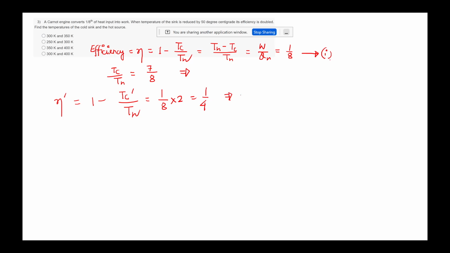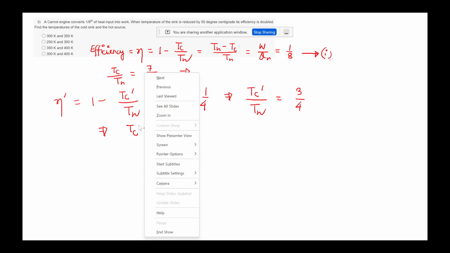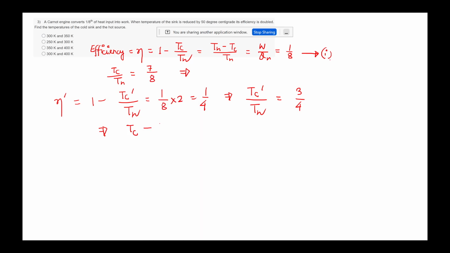And if you go this way, then Tc prime by Th becomes 3 by 4. Now Tc prime is Tc minus 50. A reduction of 50 degree centigrade is the same as 50 Kelvin, because just scaling and adding 273 will be the same thing.